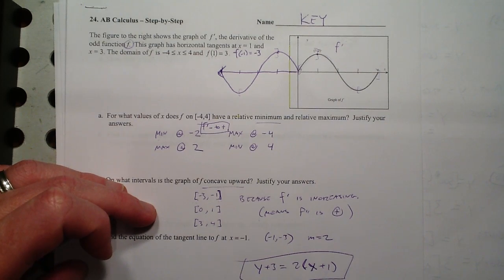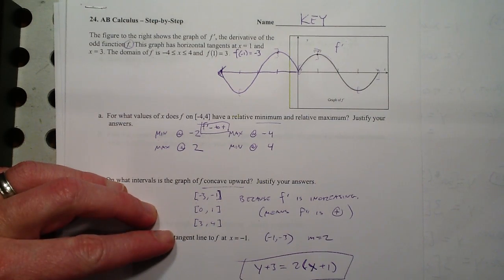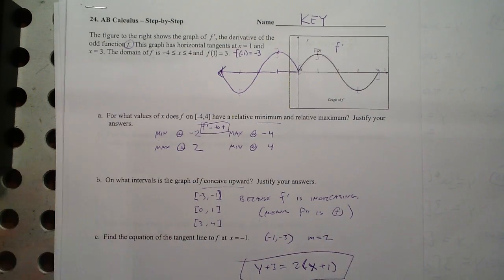And then since it's an odd function, it has symmetry about the origin. So here it flips. Let's see if I can get it to look right. Oh, it doesn't look too bad. Something like that.